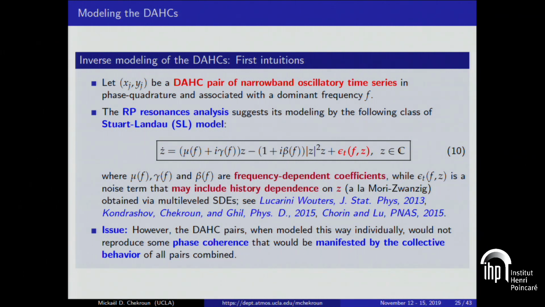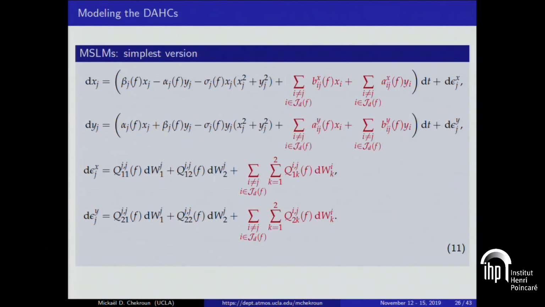But if you model each of your pairs of DACs by just a Stuart-Landau model like that, the problem is that you will end up with the problem of phase coherence. So you need to couple that per frequency.